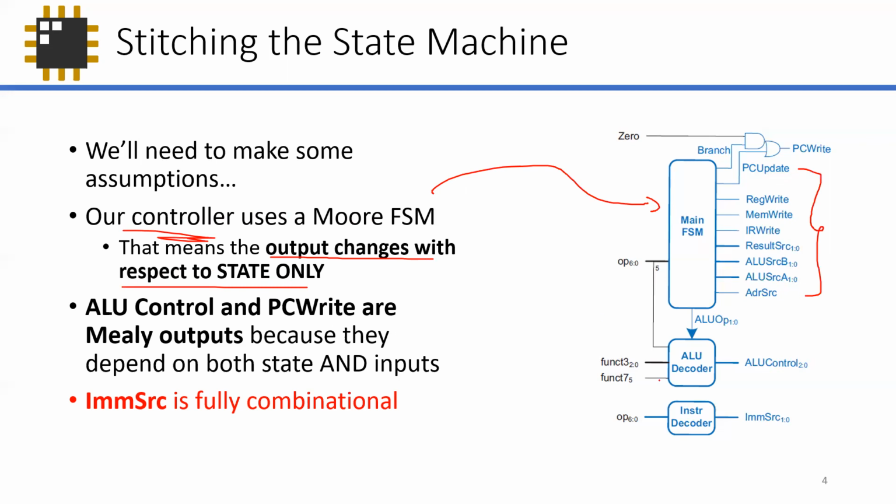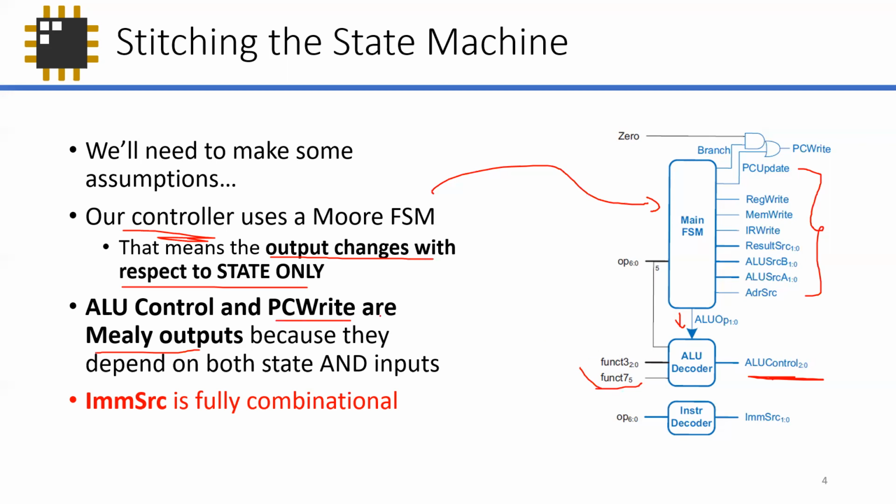Now the ALU control, the one that you feed into the ALU, whether it's an add, an or something, is more of a Mealy output, because it's dependent on the state of the finite state machine, and at the same time, it's also dependent on a set of inputs. So that's what the ALU control would be.